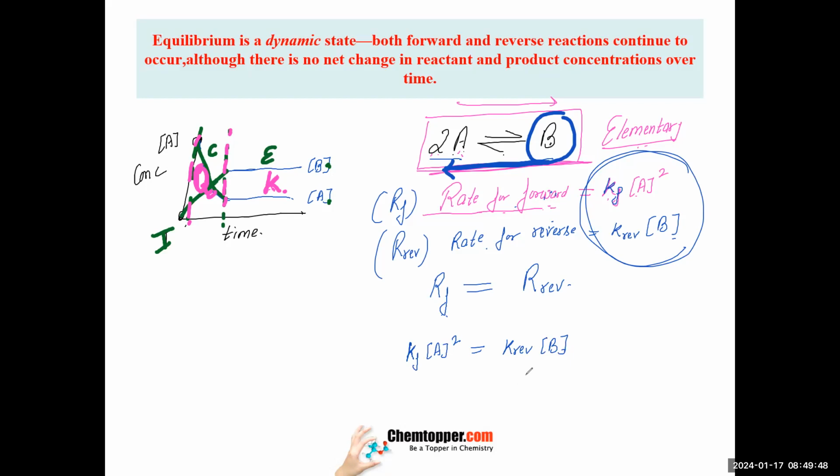Now isolate the constants. This is a constant, this is a constant. They are not equal because, let's say the reaction is like this. This is A, this is B. Activation energy for A to B is very high. Activation energy for B to A is low. This means a high value of K reverse.